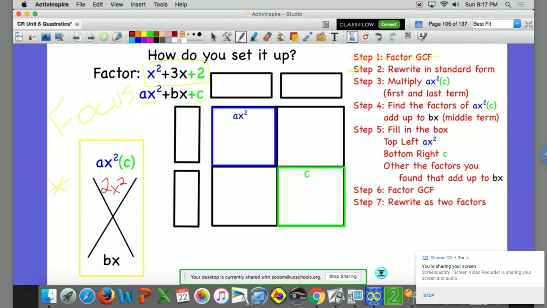And then we're going to get the bottom of the x. And so the bottom of the x is literally just your bx. So whatever the middle term is is what's going to go in the bottom, which is 3x for this one.